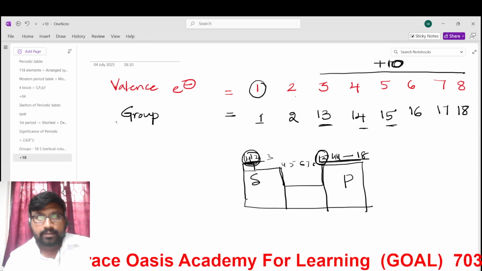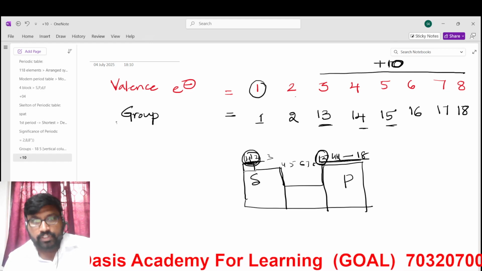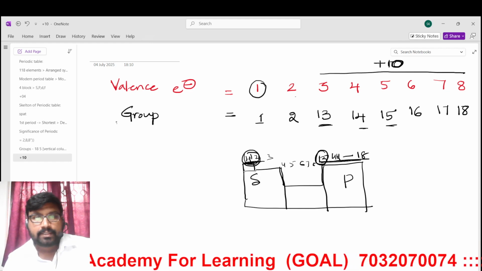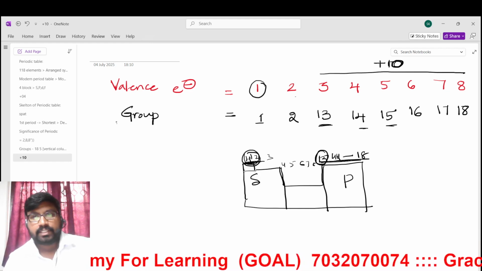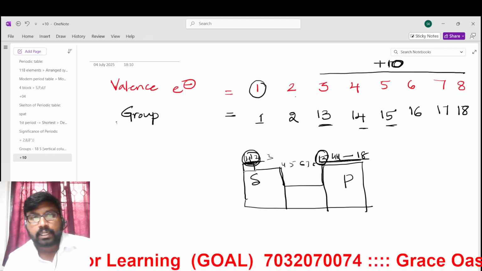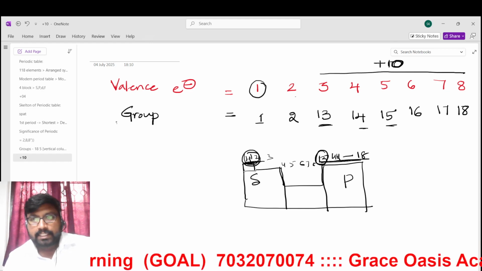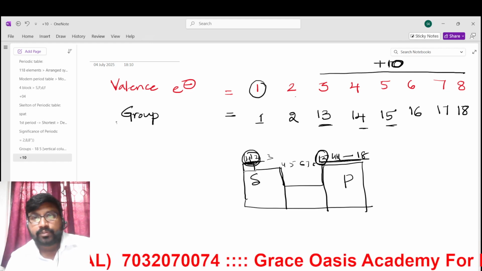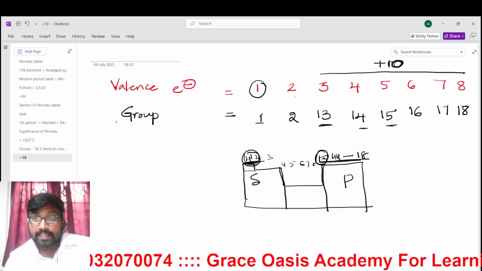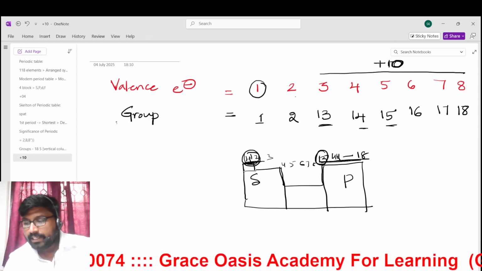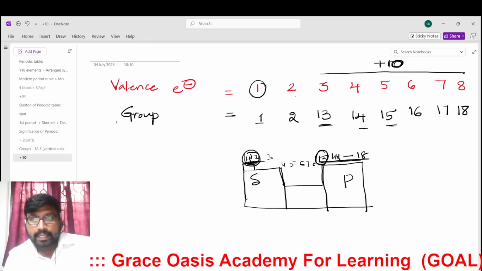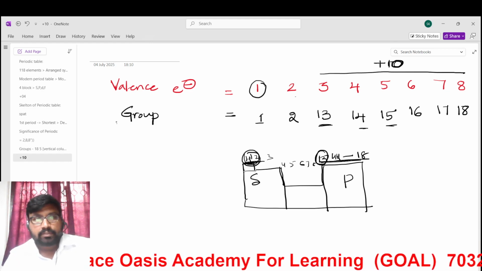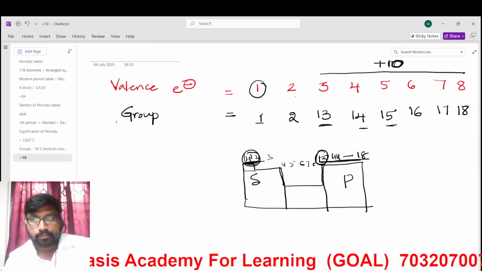And with the help of the period, what can we say? The number of shells. That is a very important observation. That's the reason we have divided our periodic table and arranged it in a specific manner. As we go, it will become very interesting, because the direction will decide the properties and how an element behaves.